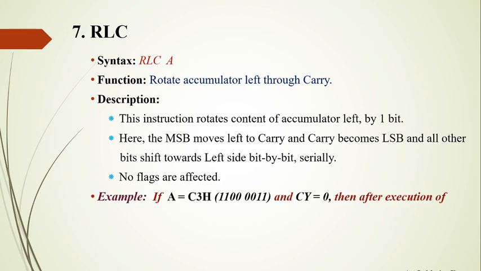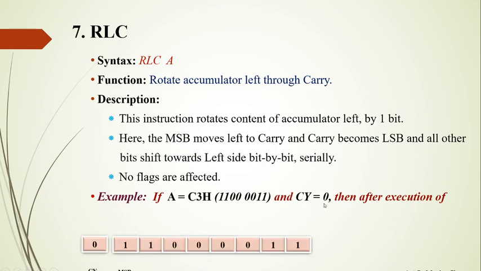Let's see the example. Again, the same example we have taken here, A equal to C3H, and here content of carry flag is equal to 0. So here content of carry is 0 and the content of accumulator is 11000011. So after execution of the instruction RLC A, this MSB moves towards carry flag and carry shifts to the LSB.